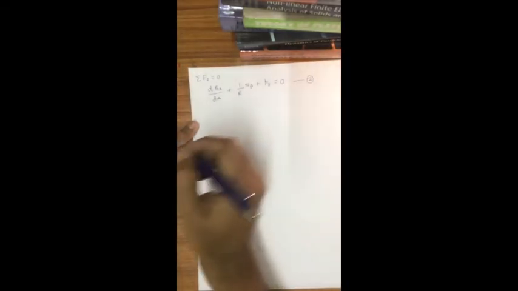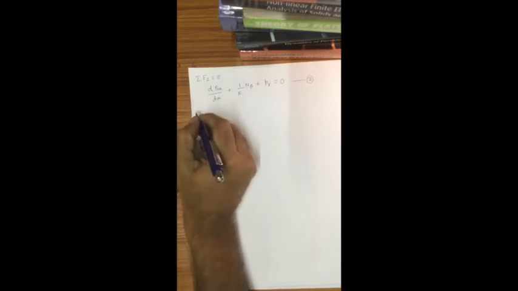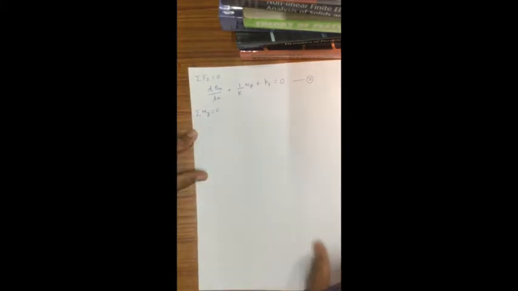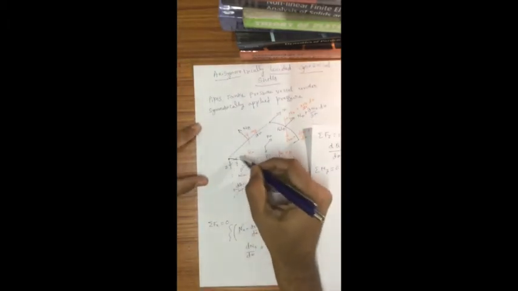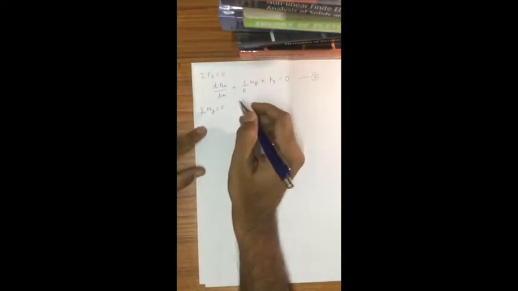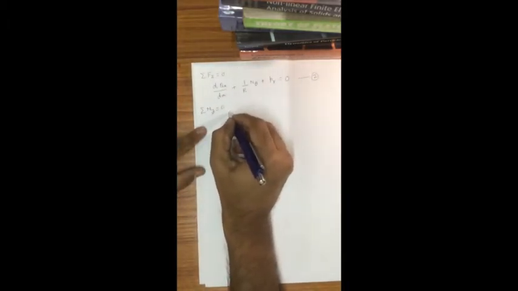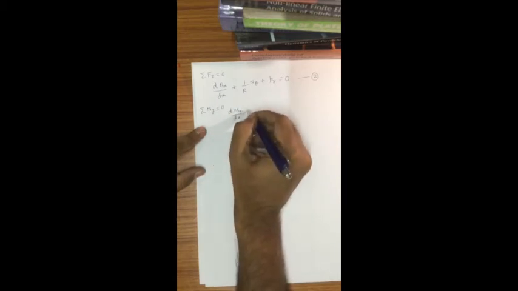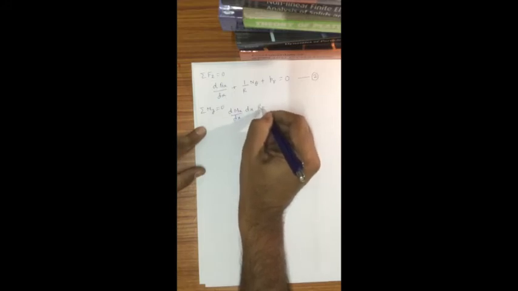So this is the second equilibrium equation, and similarly we can also write down sigma my equal to 0. This is the moment equilibrium equation we are writing. So sigma my equal to 0, I get dmx by dx r d theta.